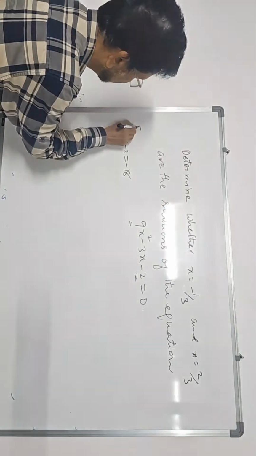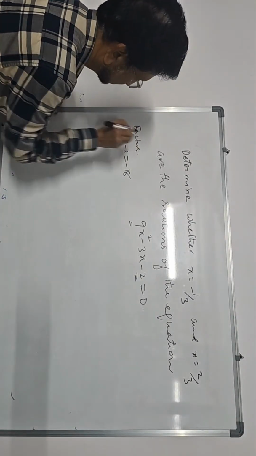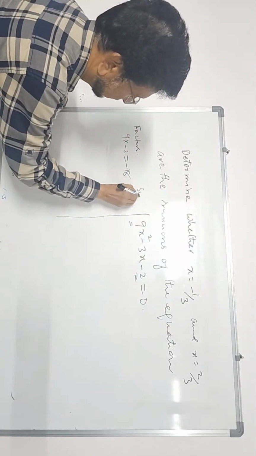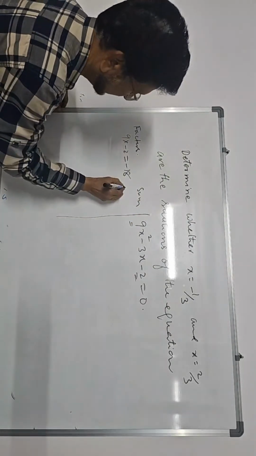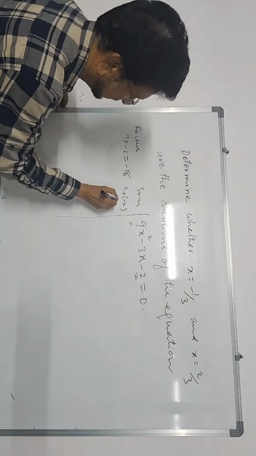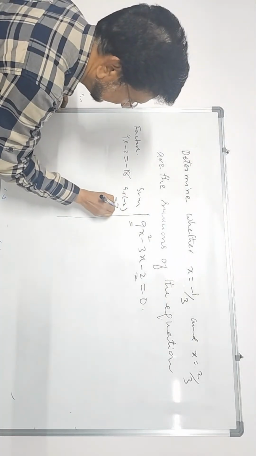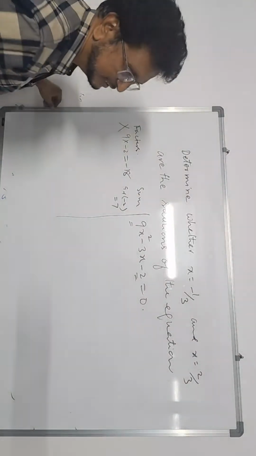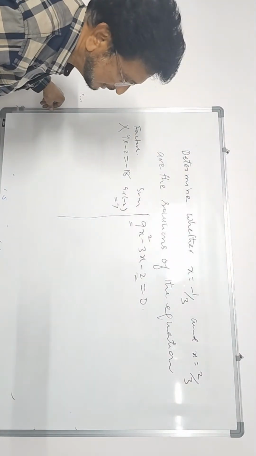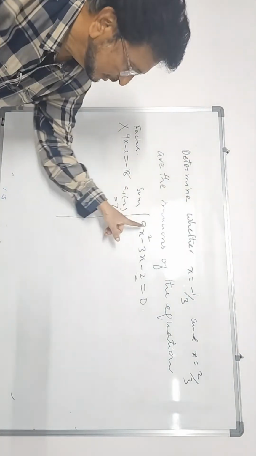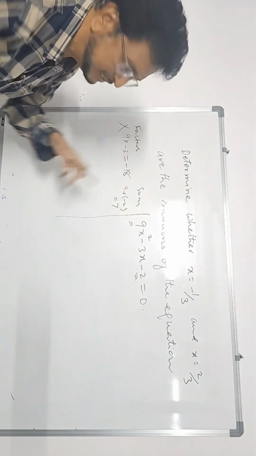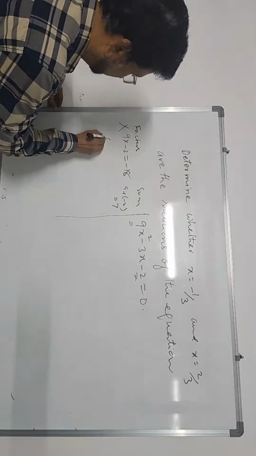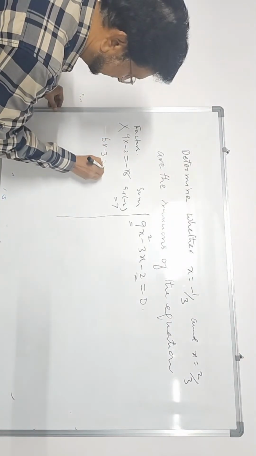These are the factors. Here I will write the sum. Sum means adding these two factors. 9 plus minus 2 is 7. It should be minus 3. Therefore, we cannot utilize this. What more factors could we write? For 9 and minus 2, we get minus 18. For minus 18, one more: 6 and minus 3 are also minus 18.